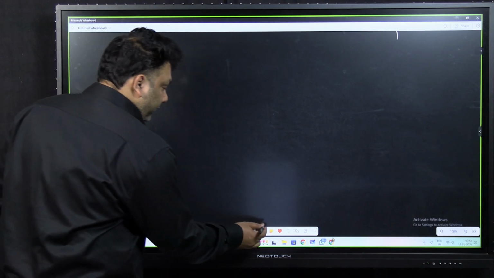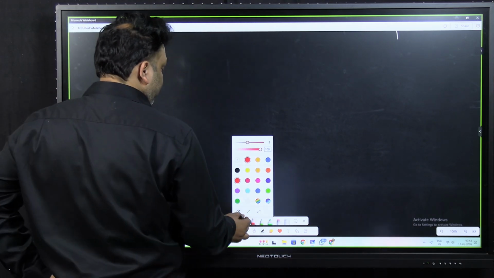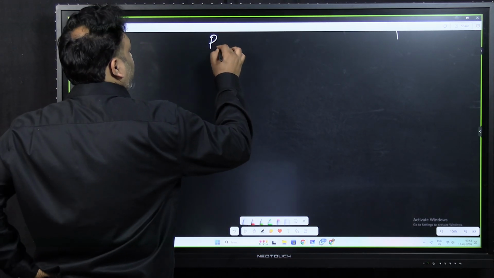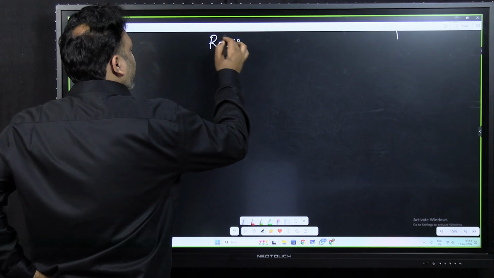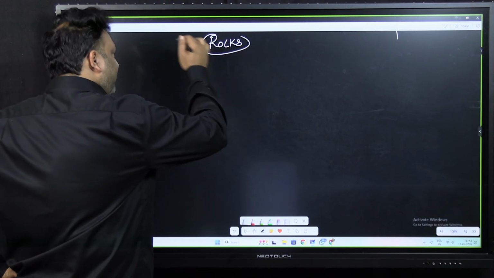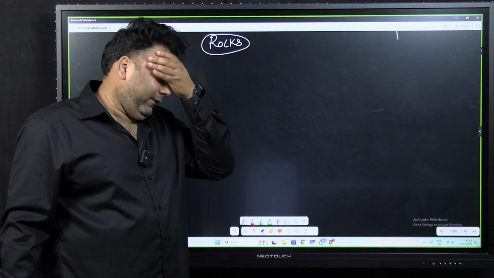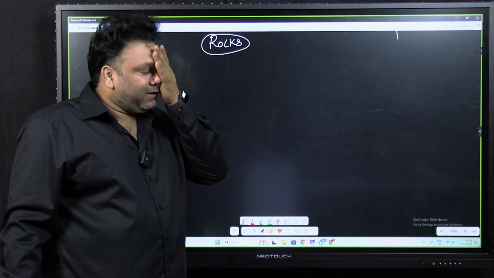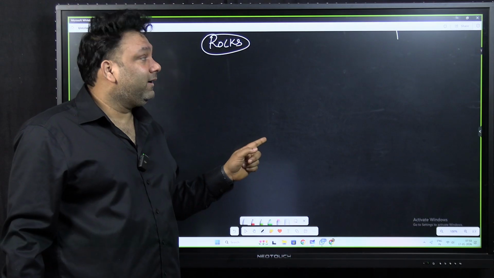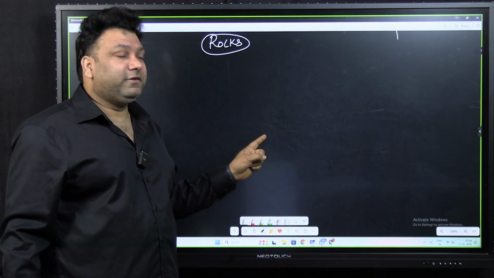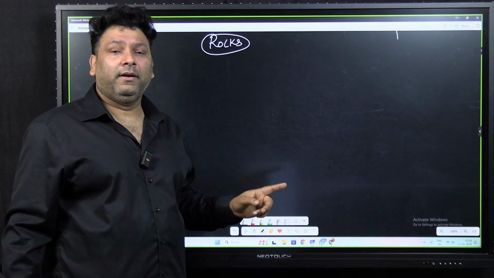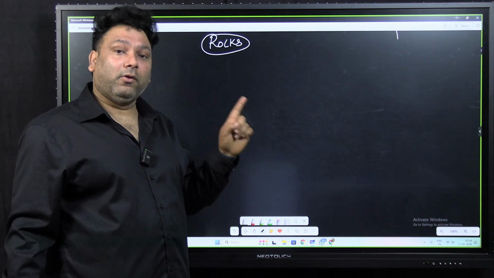Now, let's enter into the topic called rocks. See, if you understand my class in this way, you'll be able to answer any question, and this class is very, very important, and this will be laying foundation for your volcano topic, earthquake topic, and plate tectonics topic also.